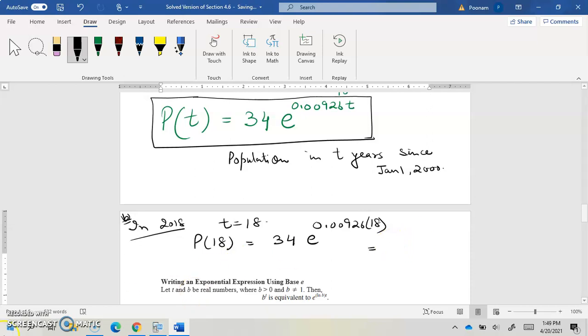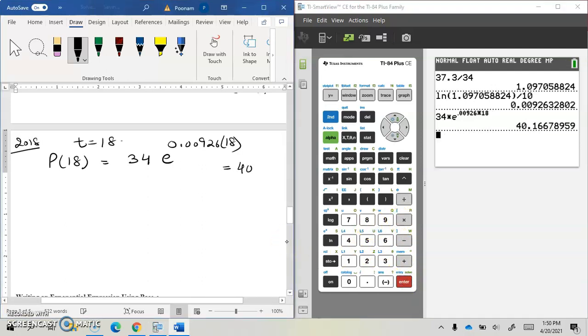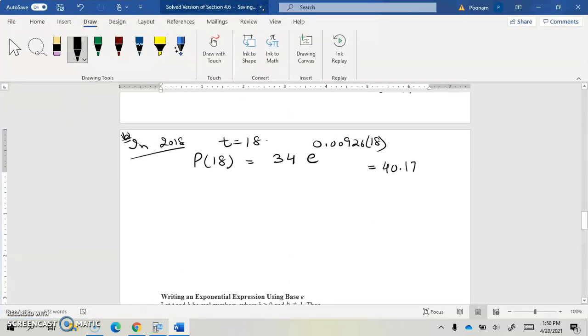So we can calculate that. It comes to 40.17 million. So in 2018, that would be your population.